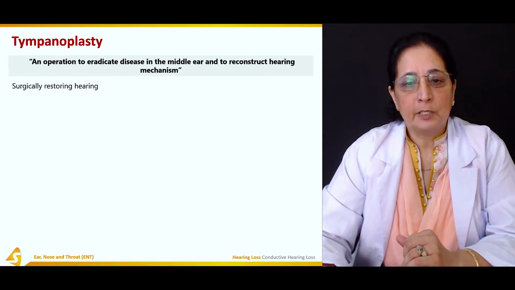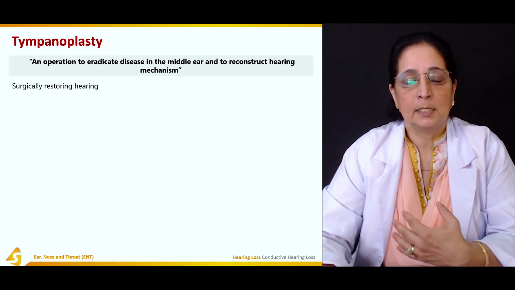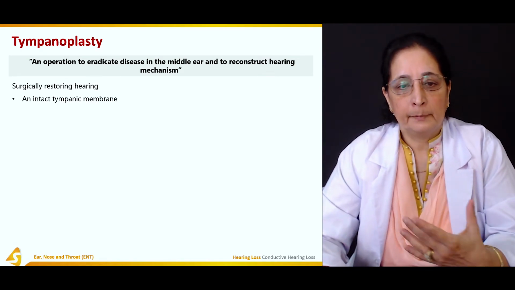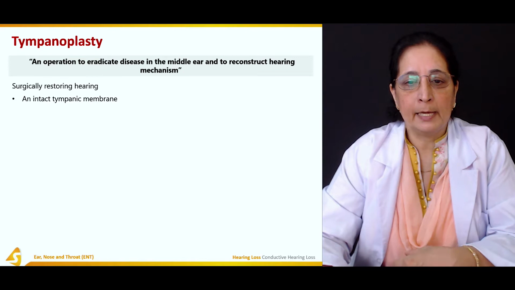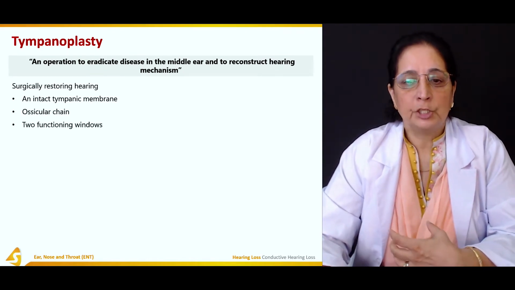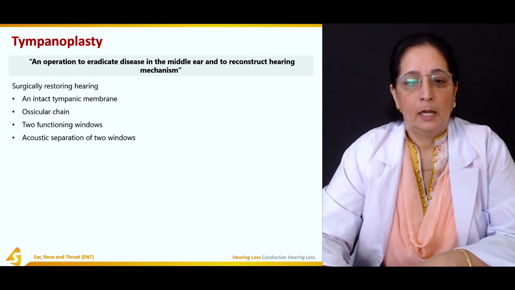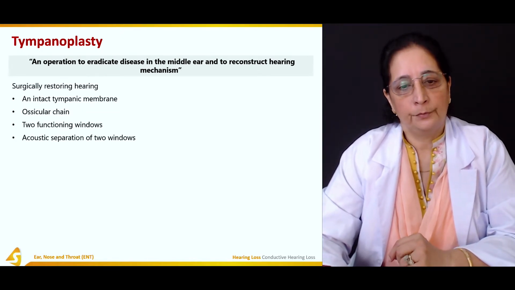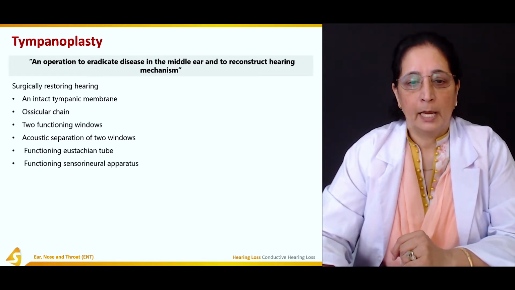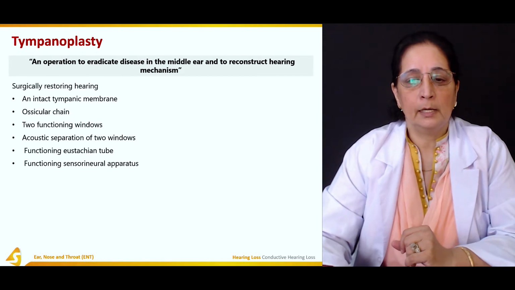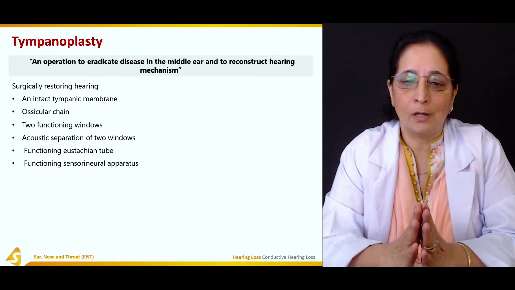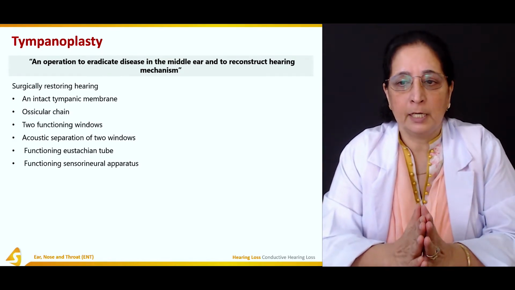Tympanoplasty is surgically restoring hearing. It's a procedure used to restore hearing. It must have an intact tympanic membrane, ossicular chain, 2 functioning windows, acoustic separation of the 2 windows, a functioning eustachian tube, and a functioning sensorineural apparatus. So for the normal hearing process, we should have all these functioning properly.